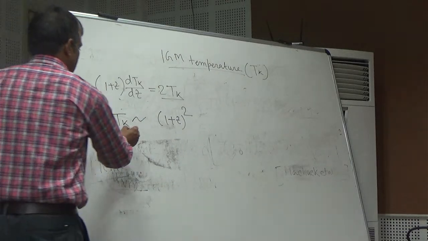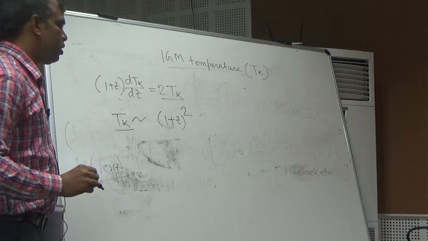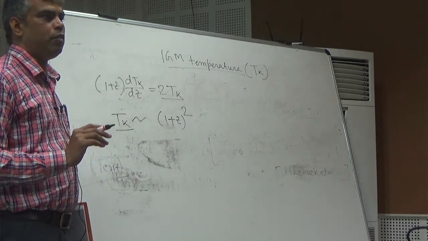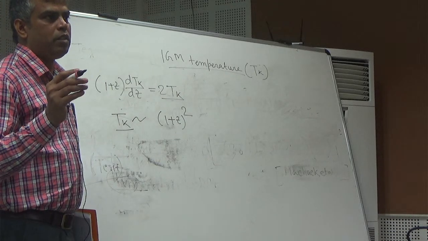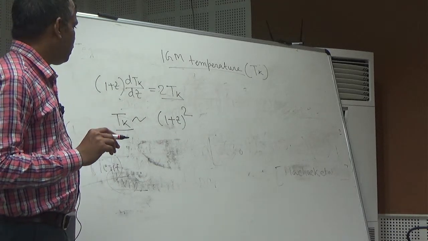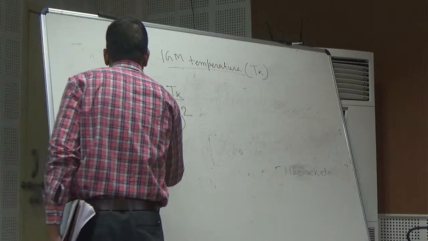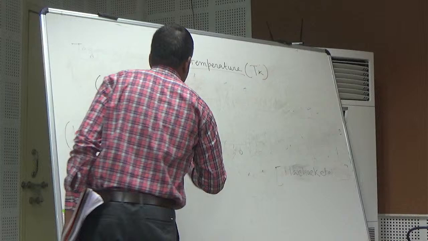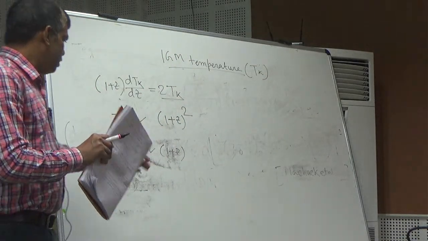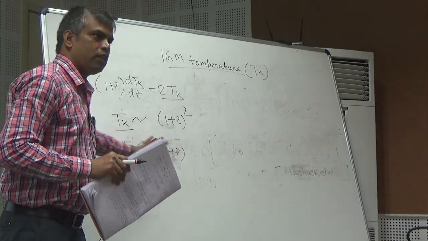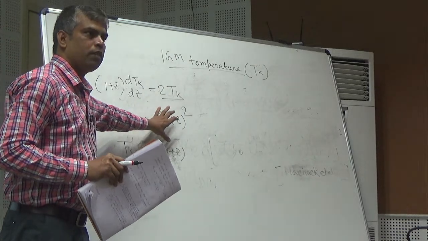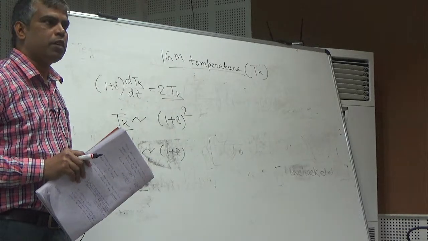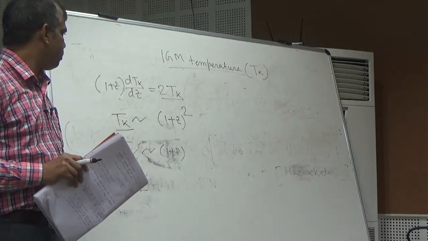So IGM temperature falls as (1 plus z) squared if there are no disturbances, like external heating or cooling. The CMB temperature scales as 1 plus z, so the IGM temperature decreases faster compared to the CMB temperature.